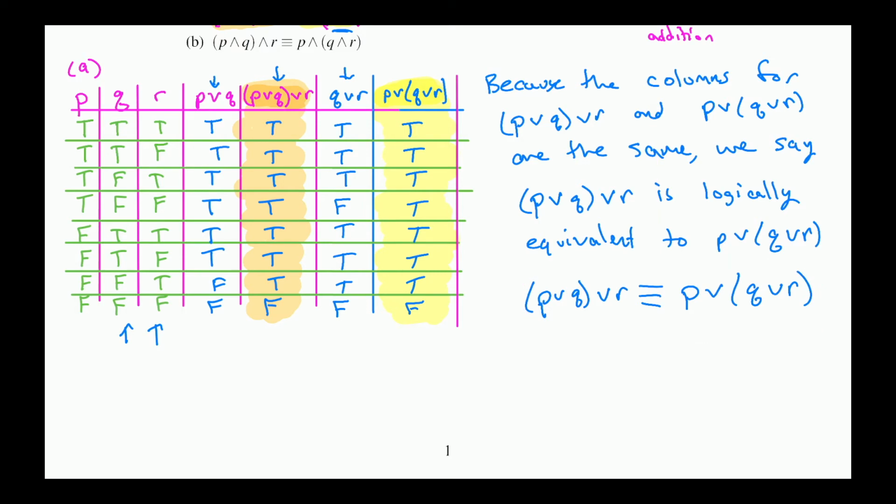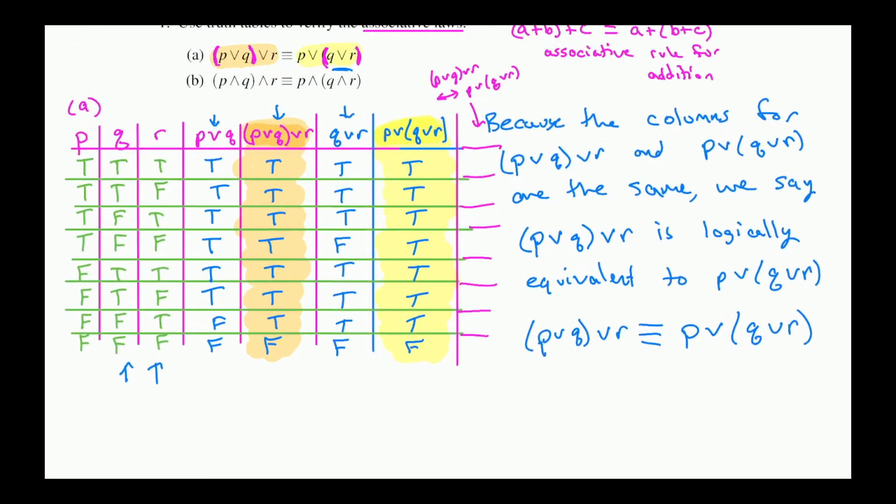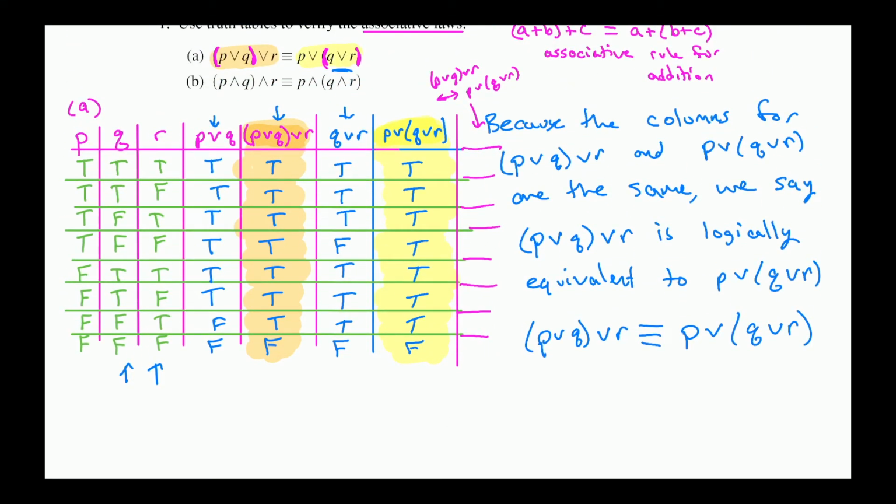So if you put (P or Q) or R if and only if P or (Q or R) right here, and then you made another column here, then what would happen is you would just be checking if the two things matched, which of course the columns are the same, so they do match.